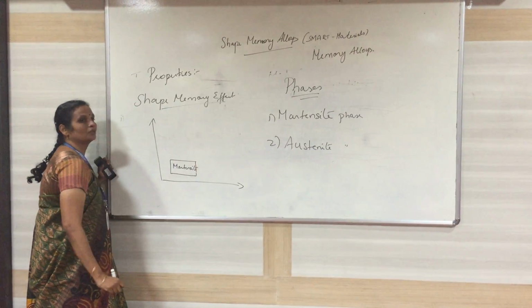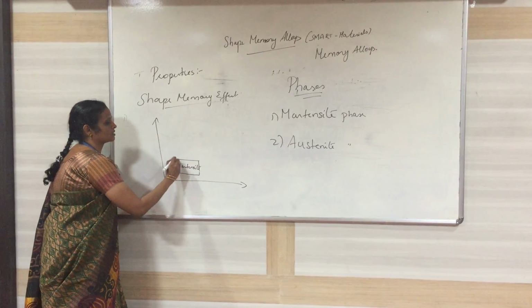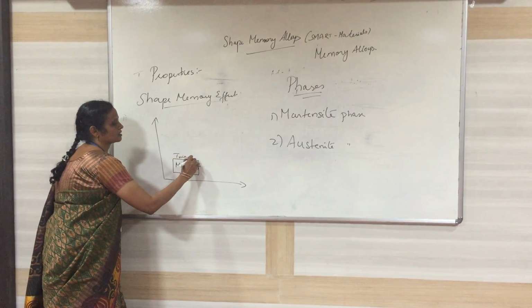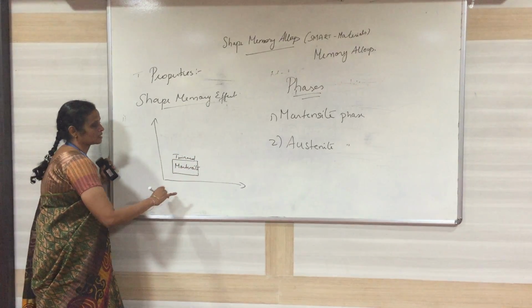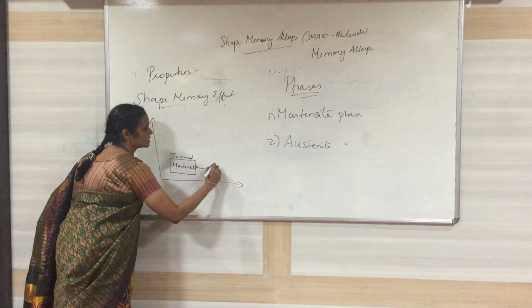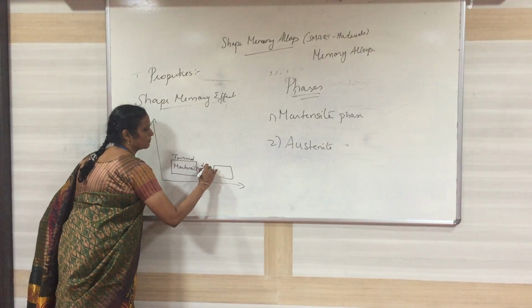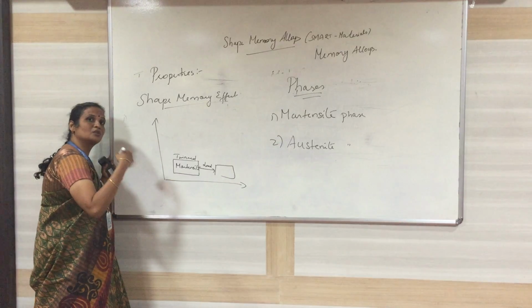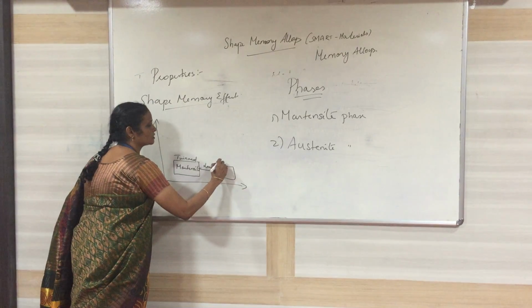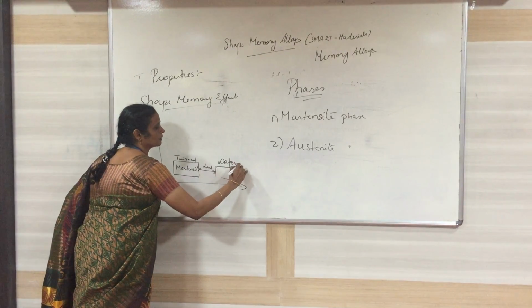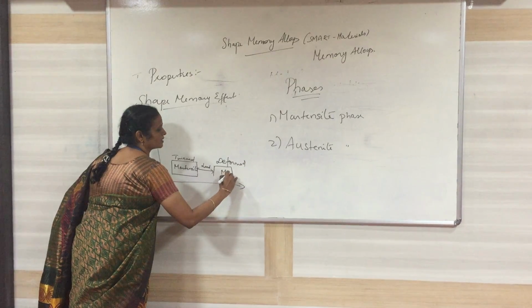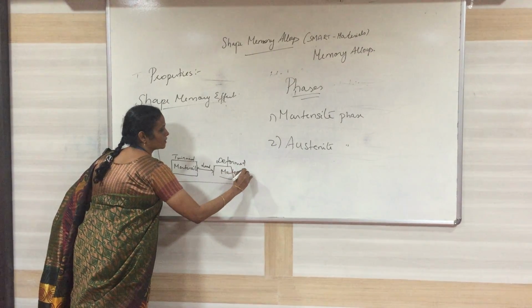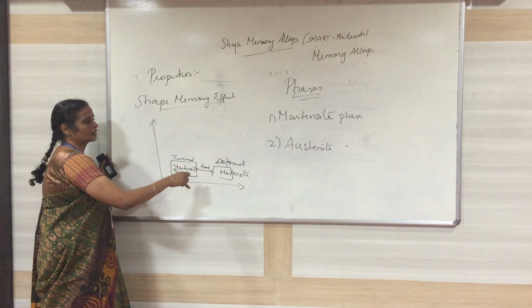This type of Martensite state at normal room temperature is known as the twinned Martensite state. But when you apply some load, it changes into another form of Martensite state, known as the deformed Martensite state.